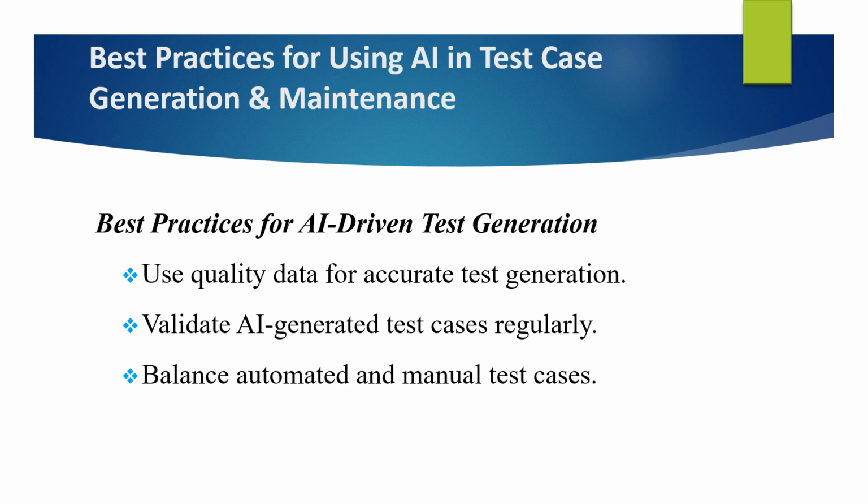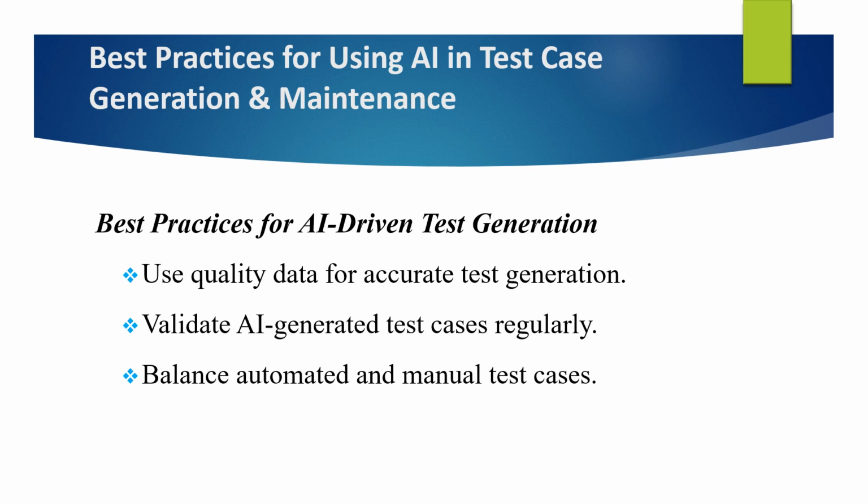To get the most out of AI in test case generation and maintenance, there are a few best practices to keep in mind. First, always ensure that the data you're using to train AI models is of high quality and truly representative of user interactions. Poor quality data can lead to inaccurate test cases or irrelevant scenarios, which can impact the effectiveness of your QA efforts. Another important practice is to regularly validate the test cases generated by AI.